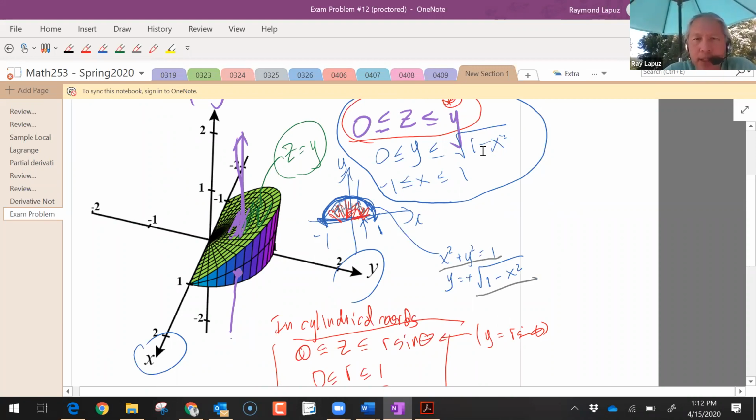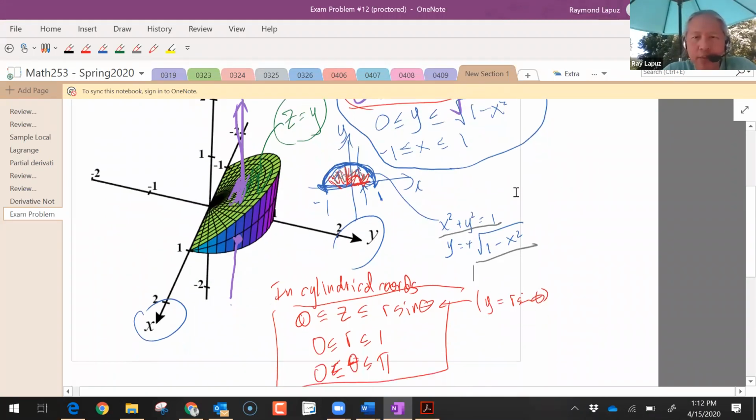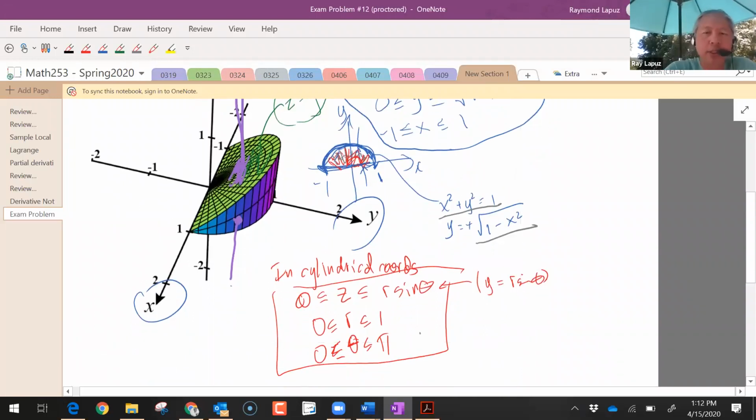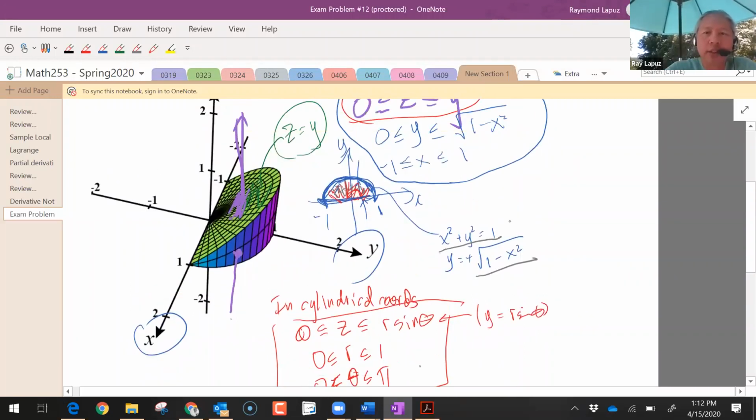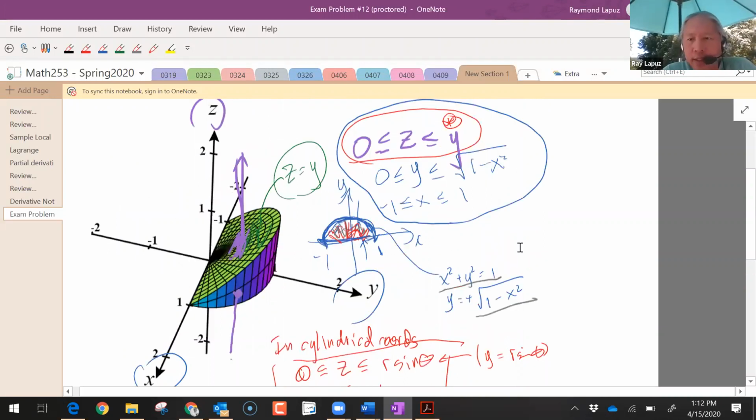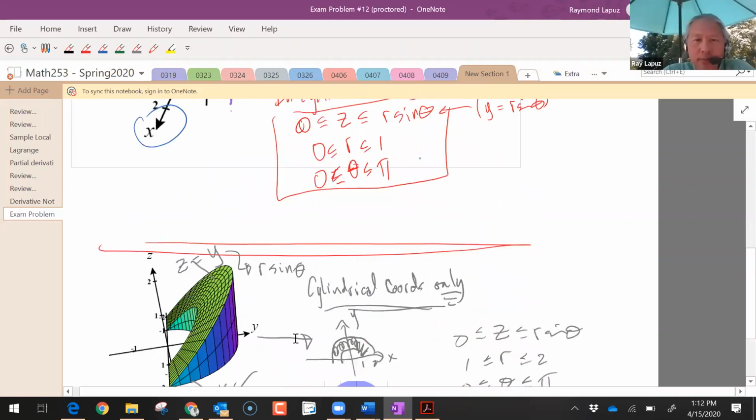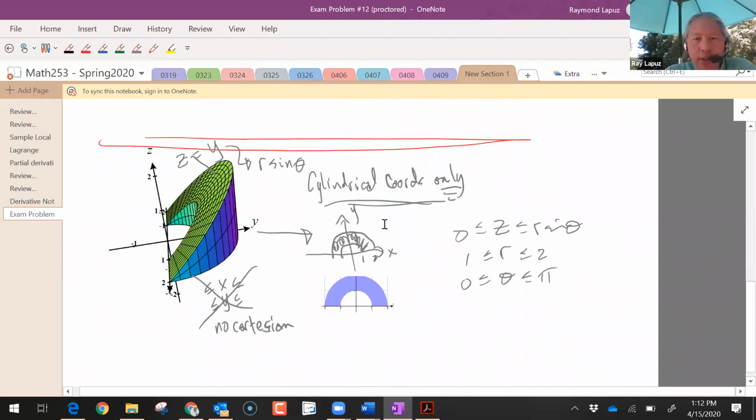So that's how we got the y limits. If you were to do this integral, your y is going to involve this square root of 1 minus x squared, which is going to be kind of tough. So it's probably easier in cylindrical coordinates, but we can still do it in Cartesian if we had to. In this example, it's really hard to do it in Cartesian, so go cylindrical.